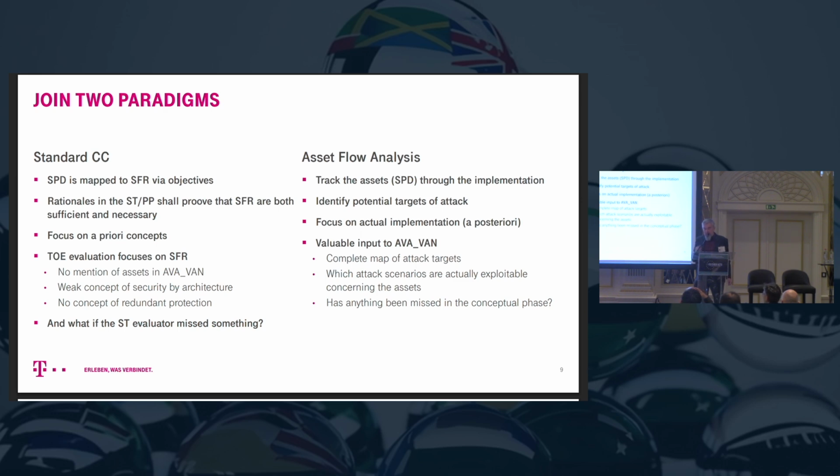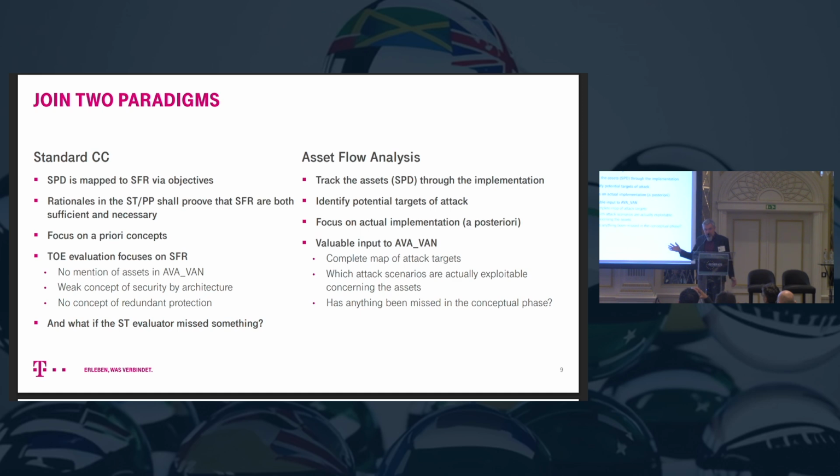So here the asset flow will help you. The asset flow looks at the other side. So we track the assets, which are defined by the security problem definition. We track how they run through the implementation, and then we identify the potential vectors on how we can attack these actually, and then we look finally at how this works in the implementation.